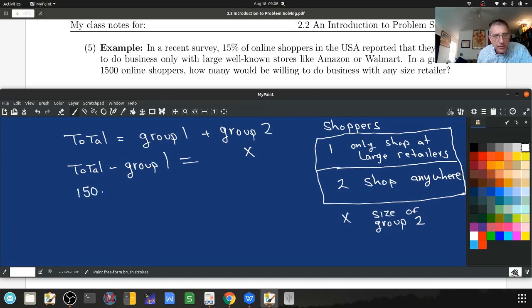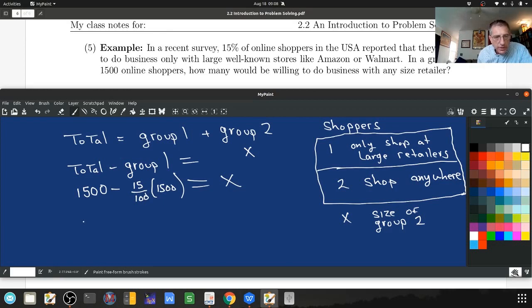We have 1,500. And of those 1,500, 15% of them belong to group 1. So how many are in group 2? All I have to do is solve this equation.